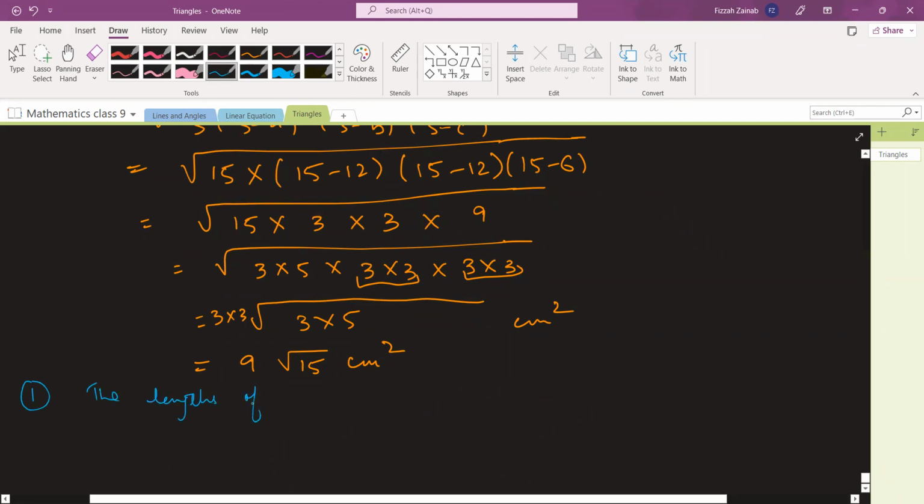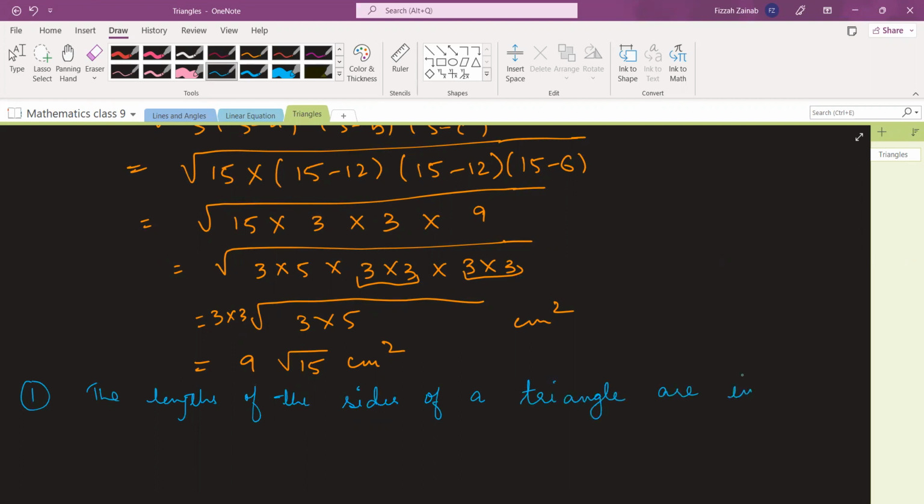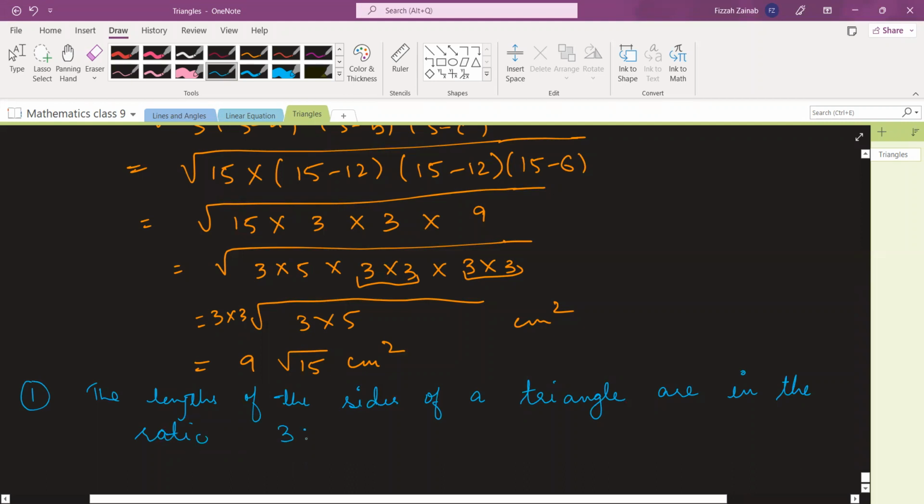The lengths of the sides of a triangle are in the ratio 3:4:5 and its perimeter is 144 centimeter.